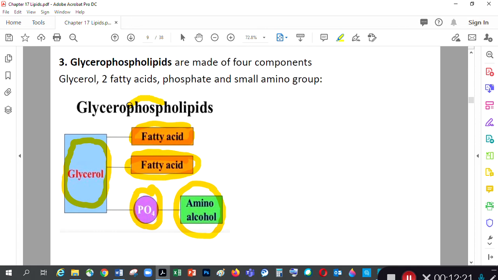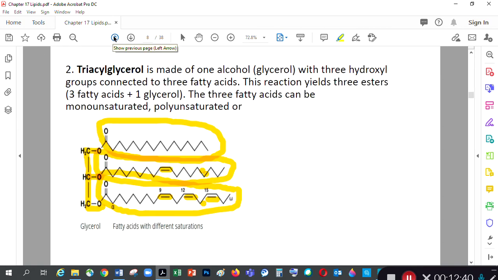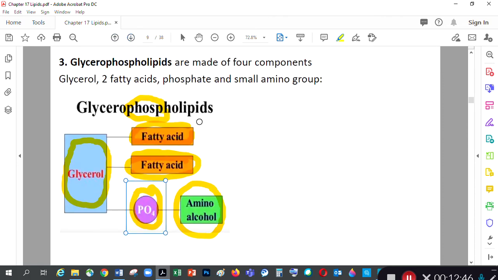Phospho here, this phospho here, because we are using the phosphate, correct? So they are very similar to this. Instead of 3 fatty acids, that will be a glyceryl lipid, correct? That's the top, triacylglycerol. We have glycerophospholipids.